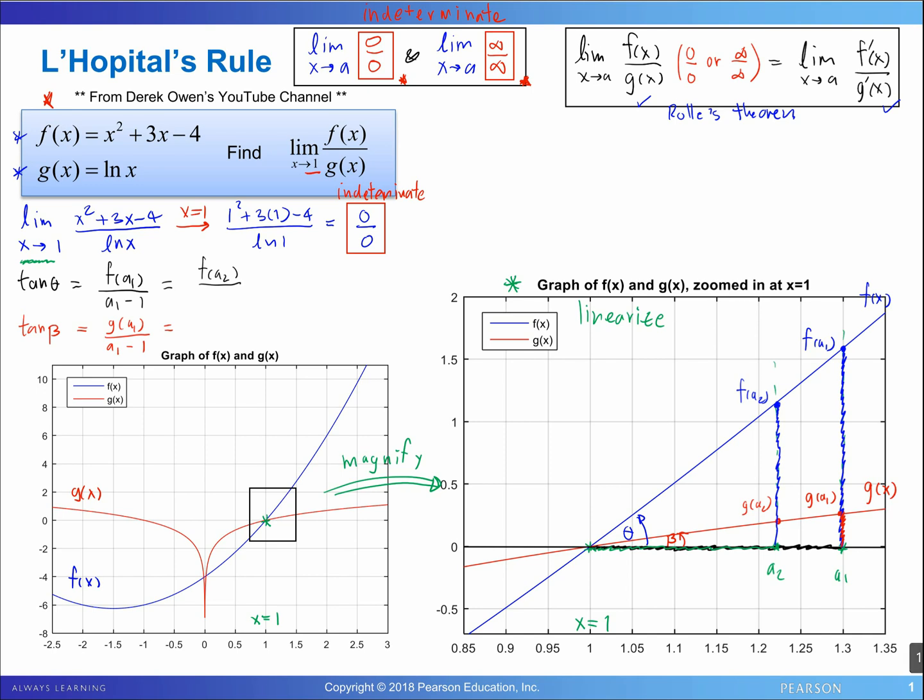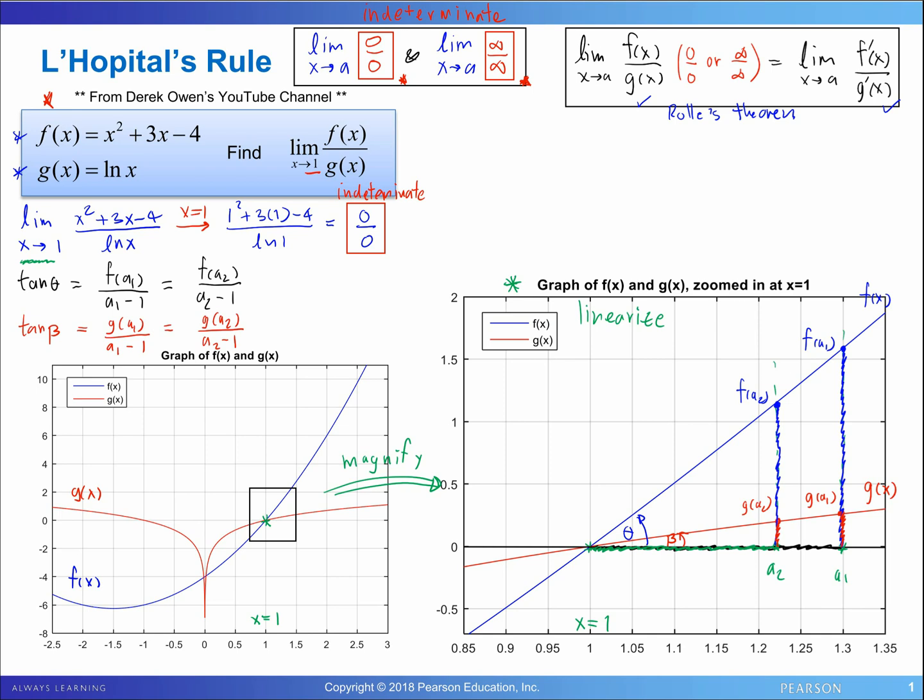So let's put it over here, divided by A2 minus 1. And now for tan beta. For the opposite side we have this line, and the length of this is g of A2. So over here we have g of A2 divided by the close side. Once again we have the same line down here on the x-axis, and the length of this is A2 minus 1.